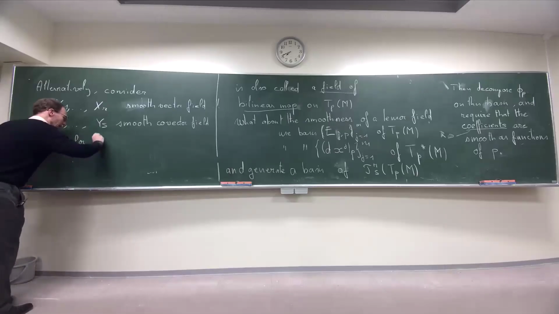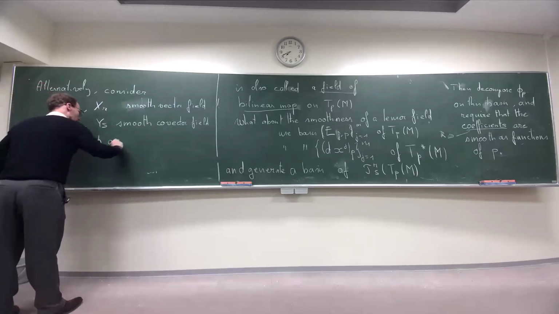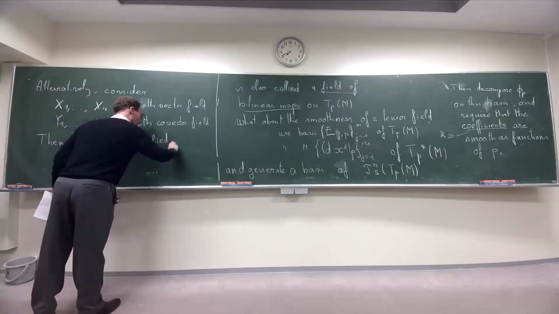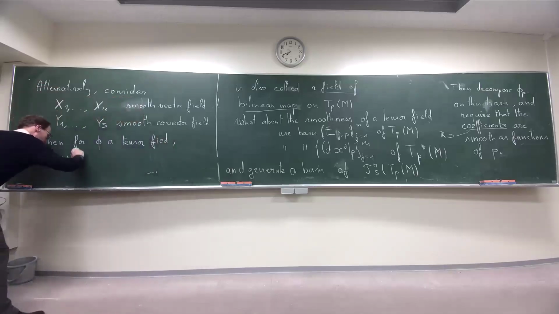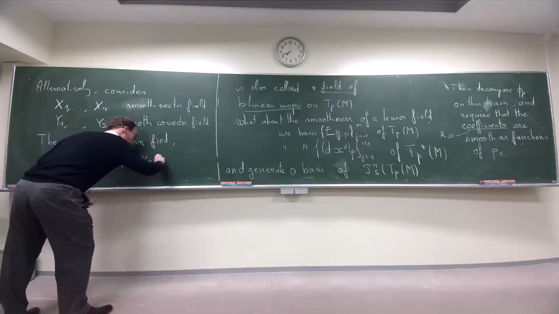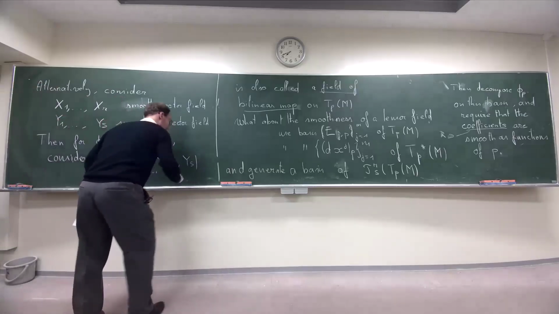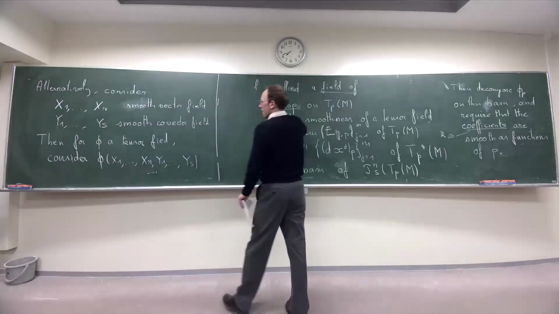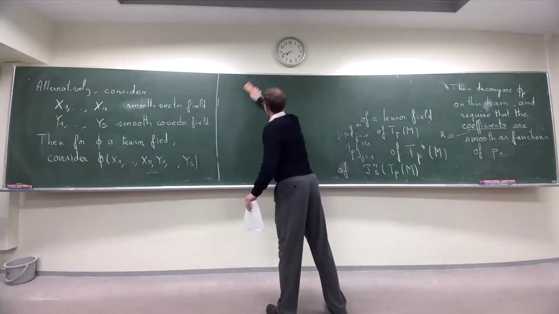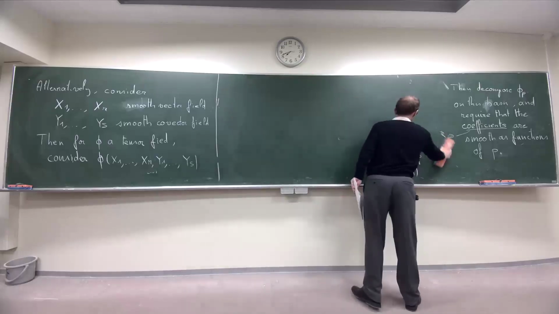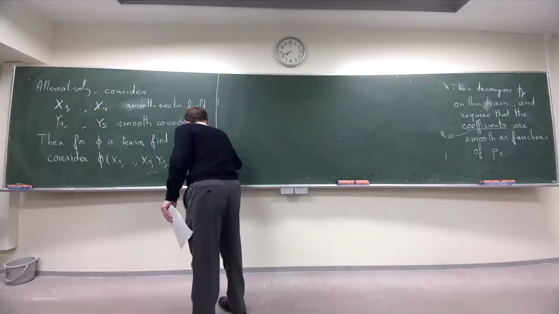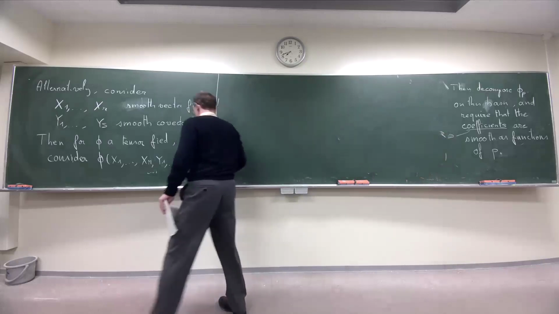And then for phi a tensor field, consider phi of x_1 up to x_r, y_1 up to y_s. Please tell me, what is this object? I'm claiming that this is a function defined on M with values in R. Why?